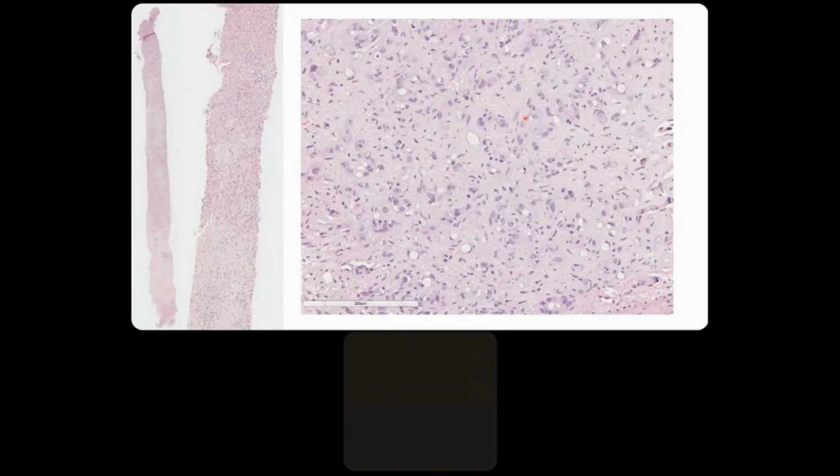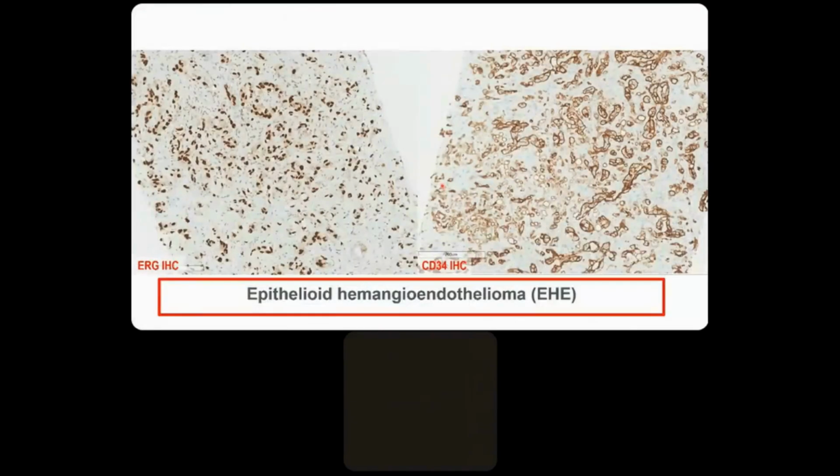Obviously, tumor is always what we're concerned about. And in this case, higher magnification of the liver biopsy shows these epithelioid tumor cells arranged in a fibrous stroma. The classic and most helpful finding is the presence of these intracytoplasmic lumina, some of which contain red blood cells, a classic finding for this diagnostic entity.